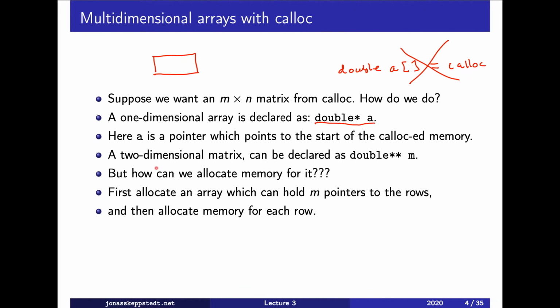Okay, so what should we do? We can write A equals calloc n and then the size of each element, size of double. Okay, I should also say, of course, that we can use this as if it was an array.